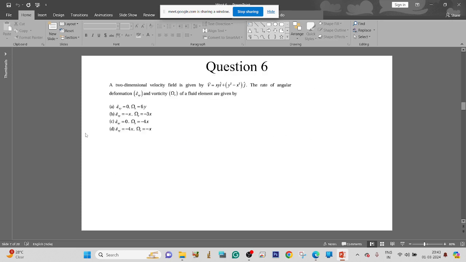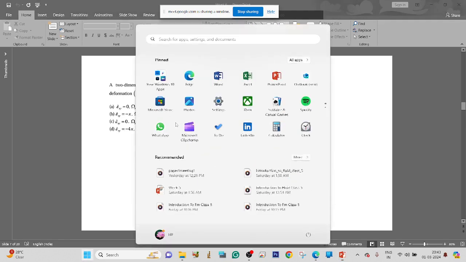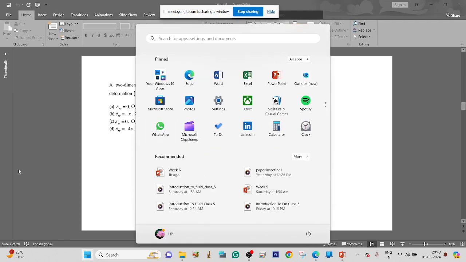A two-dimensional velocity field is given and the rate of angular deformation and vorticity we need to find out. So you can solve this for me. This is in a similar context.